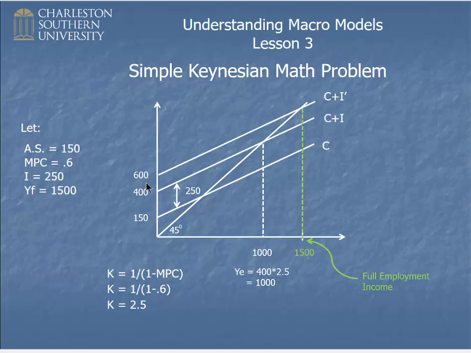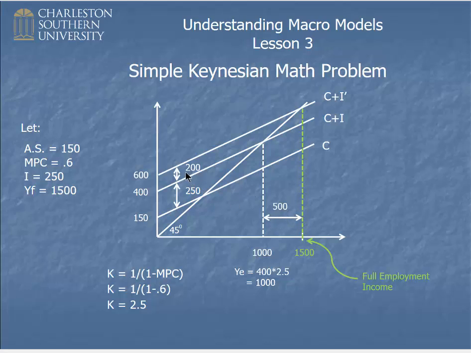It'll be 600. So if that number is 600 and this number down here was 400, what is this little extra investment that we need? That little extra investment must have been 200, right? Because that's 600 and that's 400. And then the change in income that got generated over here is 500. Because this was 1,000, this is 1,500, so that would be 500.